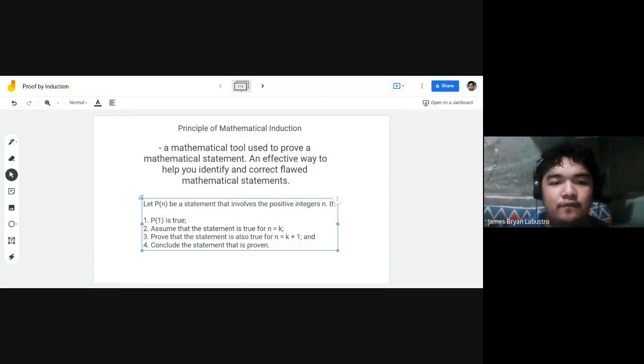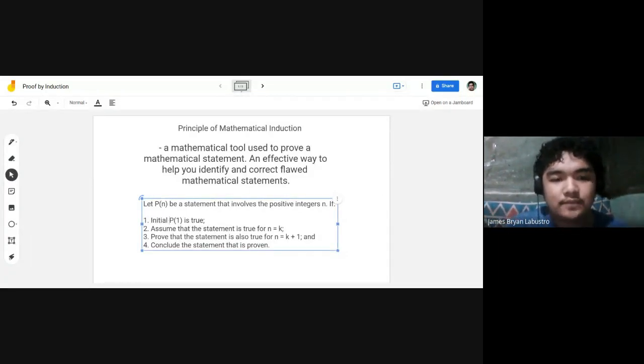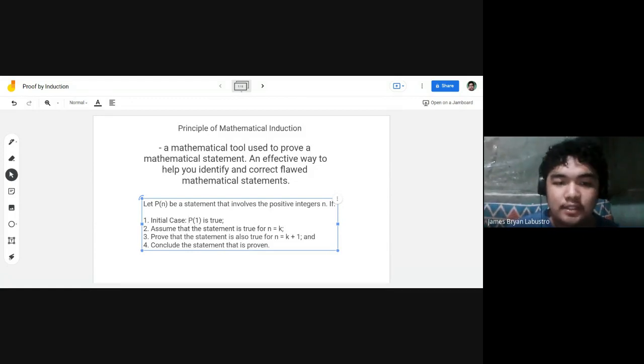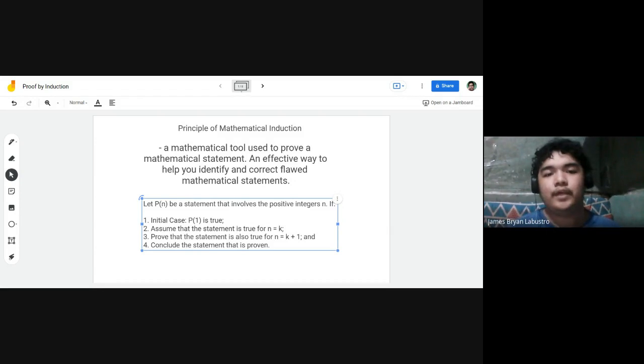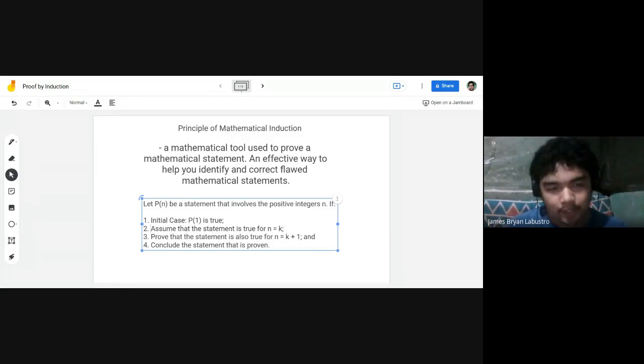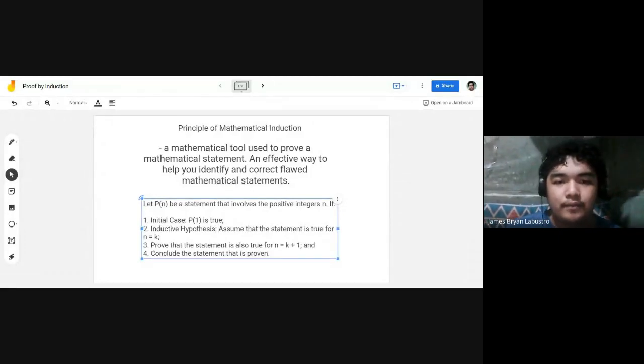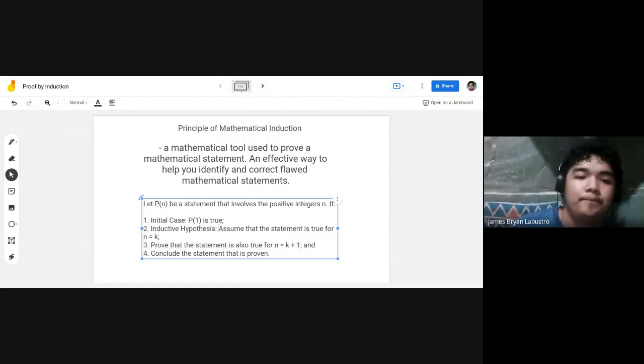So let P of n be a statement that involves the positive integers n. We have the initial case, where P of 1 is true, that's our initial case, where n is equal to 1. Now we have the inductive hypothesis, where we assume that the statement is true for n is equal to k.